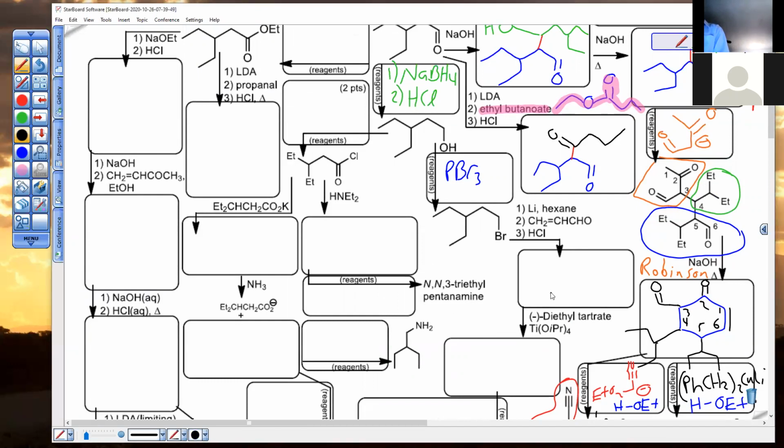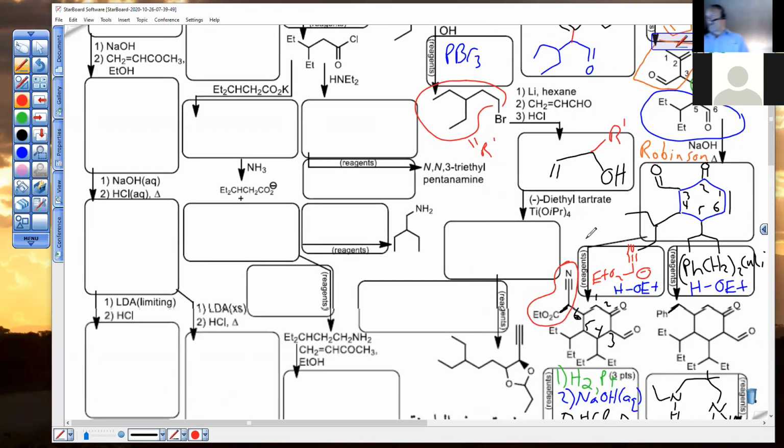Here it is. The aldehyde is now an OH. You've got a new bond, and we can go R prime. It added 1,2. The H came from HCl.